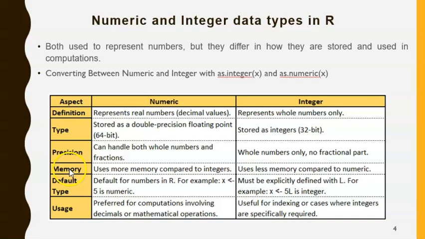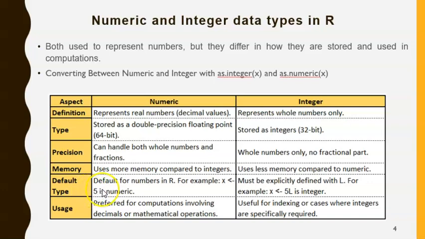In terms of memory use, of course, integer is better. So if in your code you are sure you are not gonna use decimal values, use integer, because it makes your application faster with a lower amount of memory usage. For the default type, if you don't mention anything, the default for numbers in R is numeric.